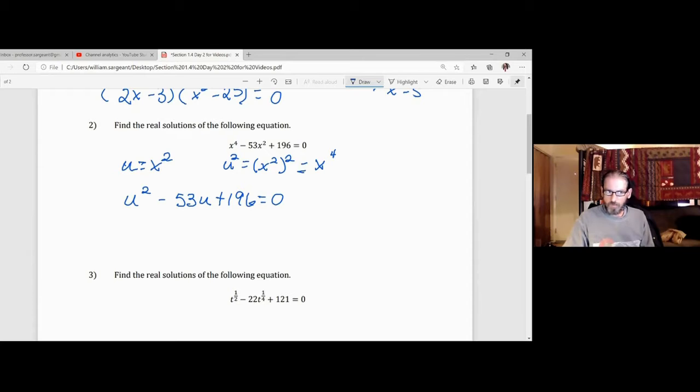Now, since we've got a positive 196, we're looking for two numbers that will give us a product of positive 196. So they're the same sign, but they have to add up to a negative 53. So they'll both be negative. This sum is too large in absolute value. It's even.